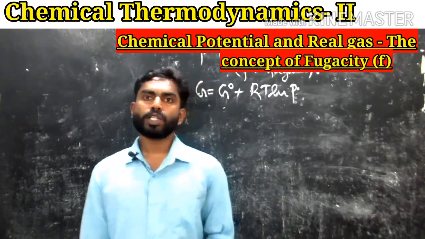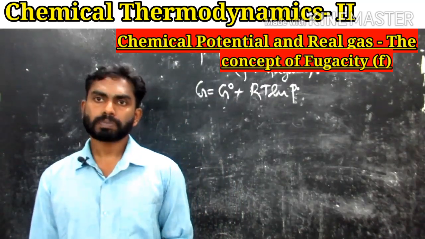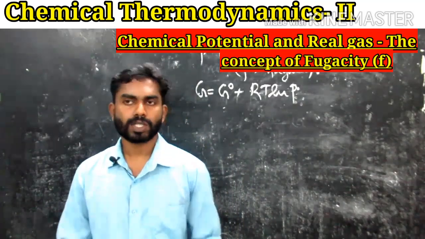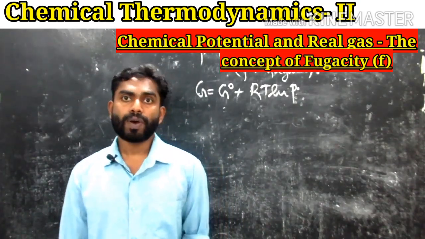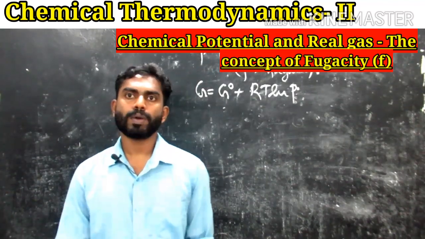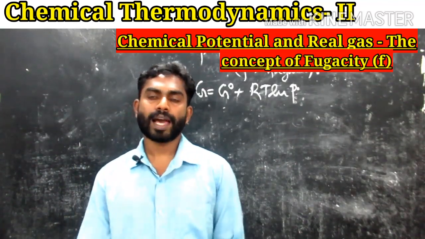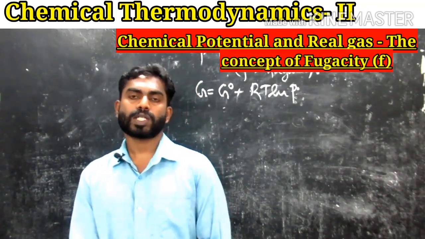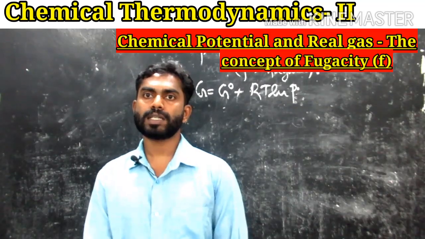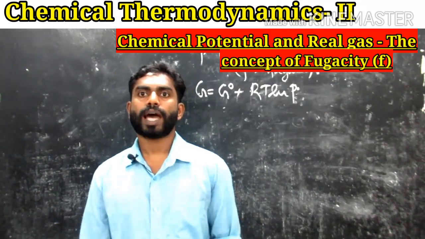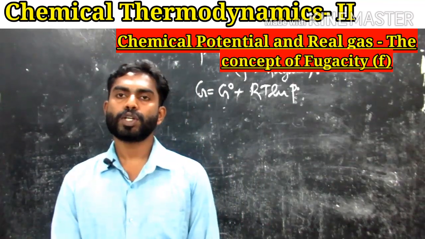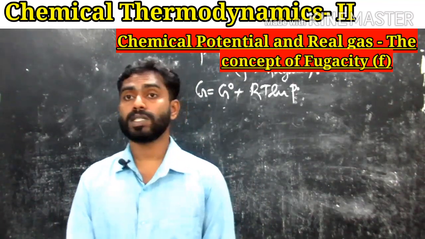Okay, in order to preserve the same form of equation for a real gas, a new function called fugacity, which has the dimensions and the general properties of pressure, has been introduced by G. N. Lewis in 1901.